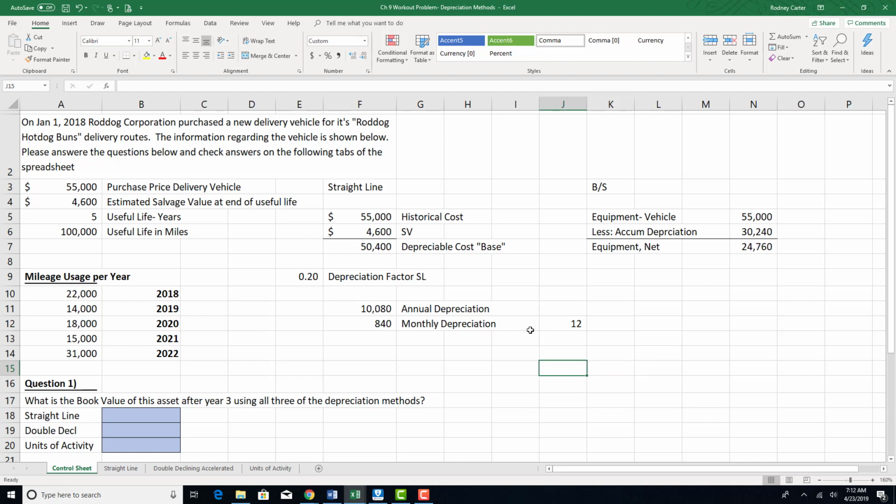Or double declining balance. The first thing that we know is that we don't use the depreciable cost now. The purpose of double declining balance is to accelerate depreciation in earlier years. Let's assume we use double declining balance for an asset where the usefulness of it is most used in the early years.